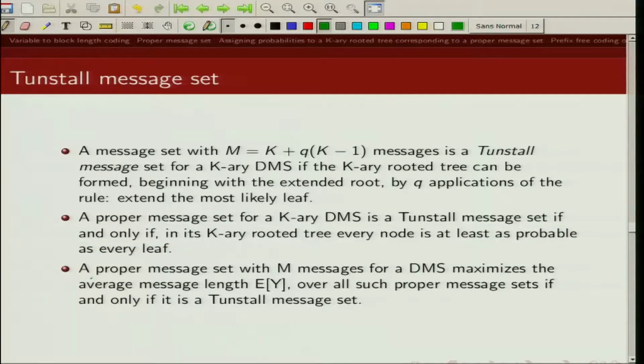It's not difficult to see then that a proper message set with m messages for a discrete memoryless source will maximize the average message length, expected value of y, over all possible proper message sets if and only if it is a Tunstall message set. And I have illustrated this with the help of an example.